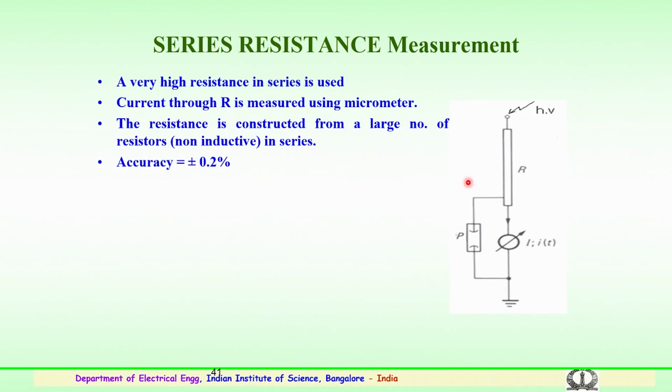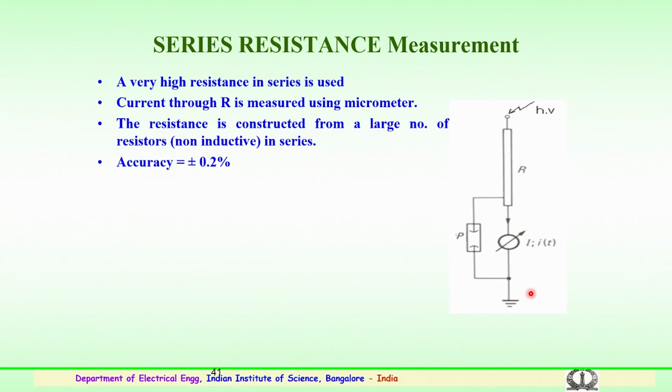So, series resistance measurement is a simpler arrangement. Here you can see a very high resistance R is used. The current flowing through this resistor during the application of the voltage is measured using the microammeter.